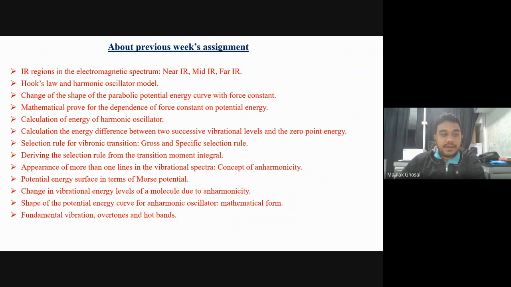It was shown that the IR region of the electromagnetic spectrum is responsible for IR radiation or vibrational transition. This IR radiation can be divided into three parts: mid IR, near IR, far IR. Near IR, as you have seen in the electromagnetic spectrum, has energy close to UV. Then next is middle IR, and then there is far IR.